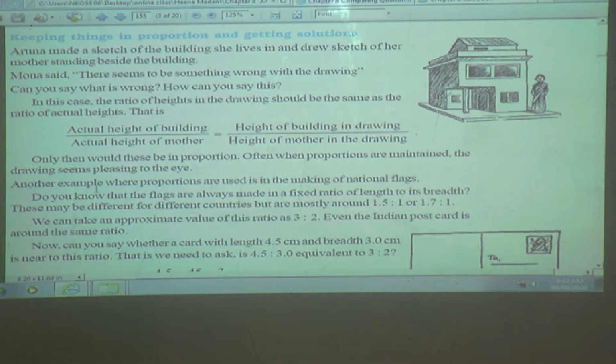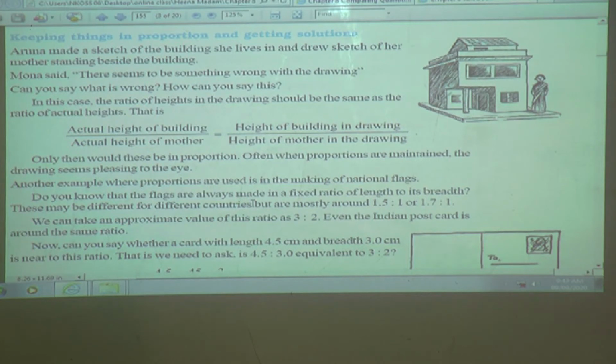Another example where proportions are used is in the making of a national flag. Do you know what the proportion is to make a national flag? It is not that whatever measurement we want, we can use for our national flag. This may be different for different countries, that is true, but for the Indian national flag we have a perfect measurement.